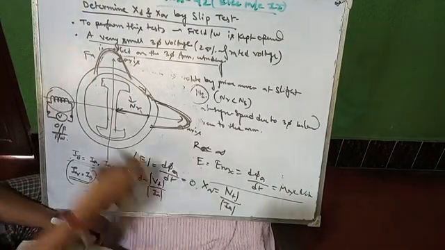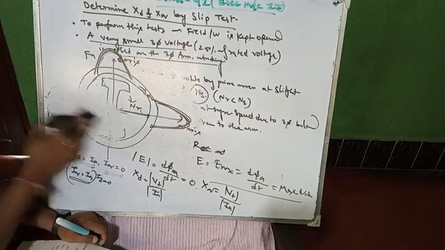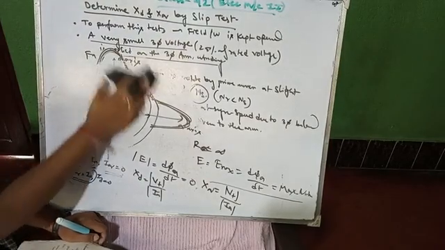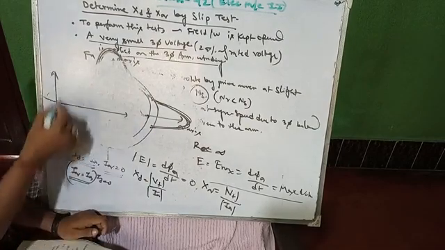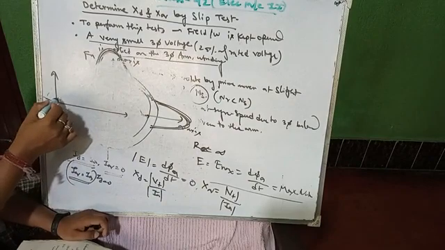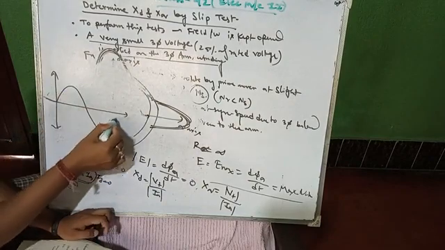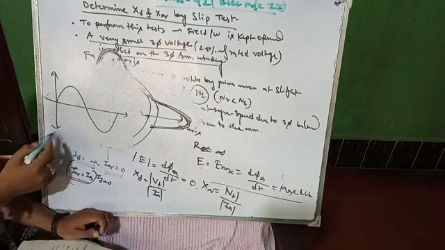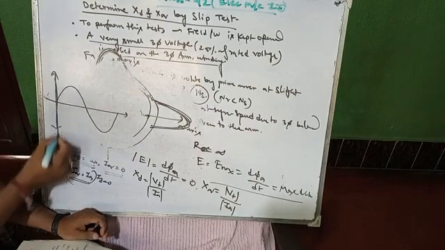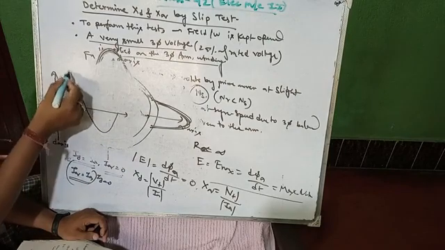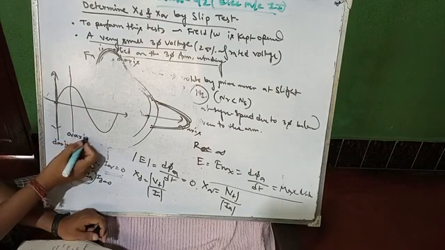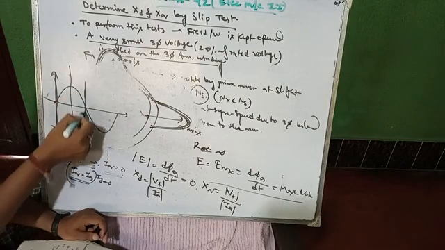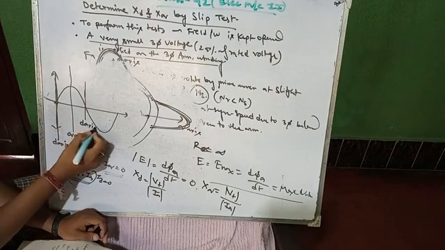So ultimately we can write, first we have to draw it, then you can understand. When the EMF is traveling through this range, this duration is along the D axis, that means EMF is equal to 0, and when it is maximum then it will cross the Q axis. When again it is 0, then it is along the D axis.